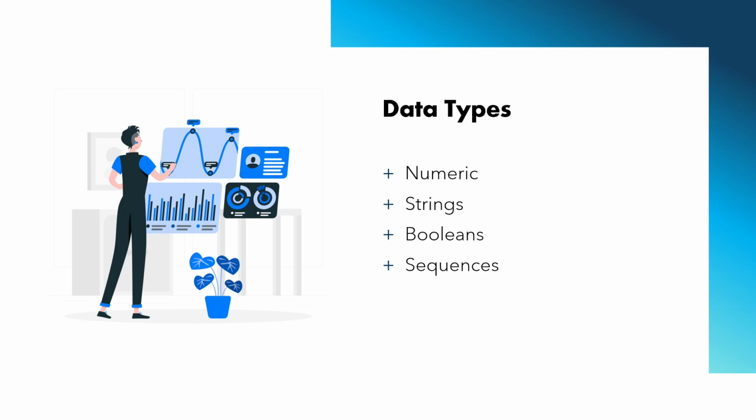Booleans have two possible values, true or false. These are logical values. Then we'll have sequences. Sequences are a group of values. But in this lesson, we're going to be focusing on the common data types, which are the ones that we use most of the time.